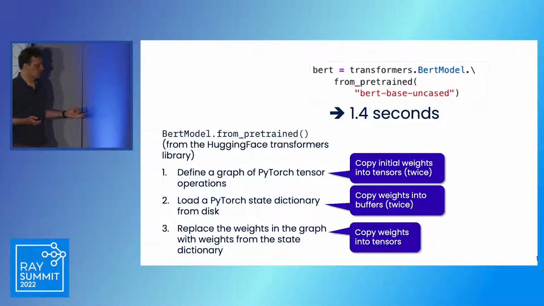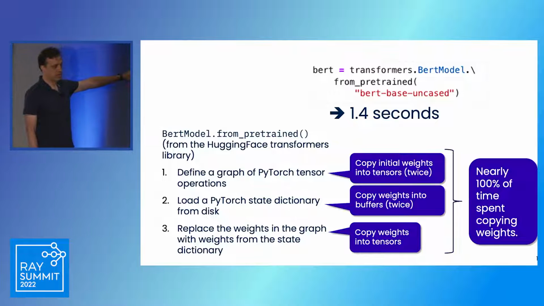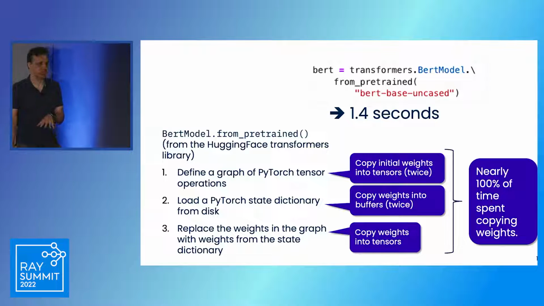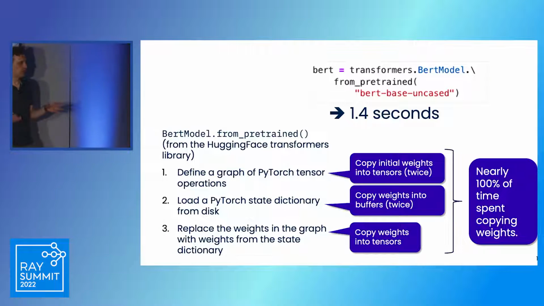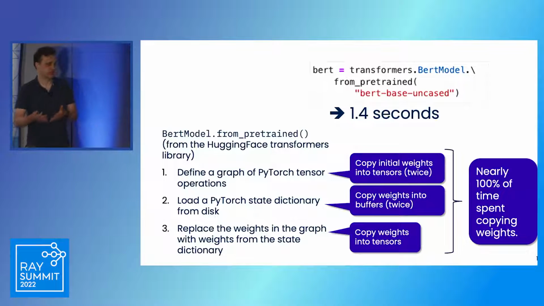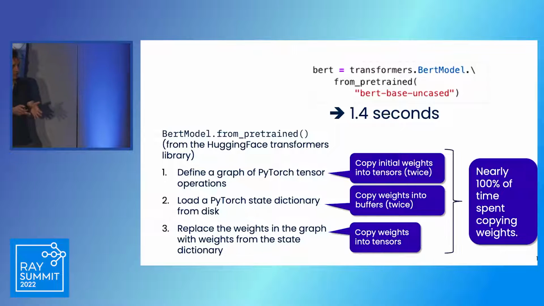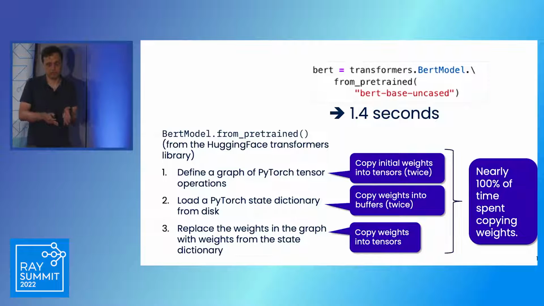And the cost of that portability is that nearly 100% of that 1.5 seconds is going to copying model weights. Now, if you're willing to give up portability across versions of PyTorch, across versions of Transformers, and versions of your weights, you can actually get much faster by pinning yourself to one version of the model and one version of all your software and serializing the model just for that application.